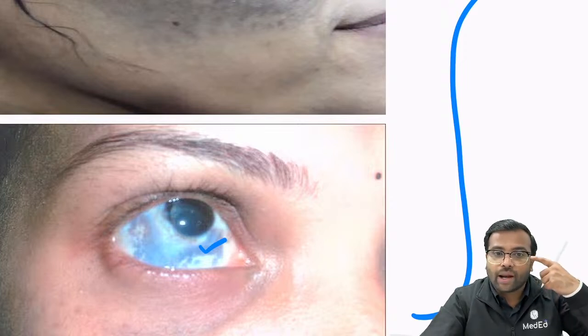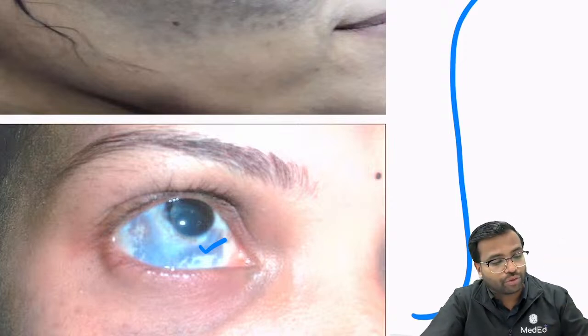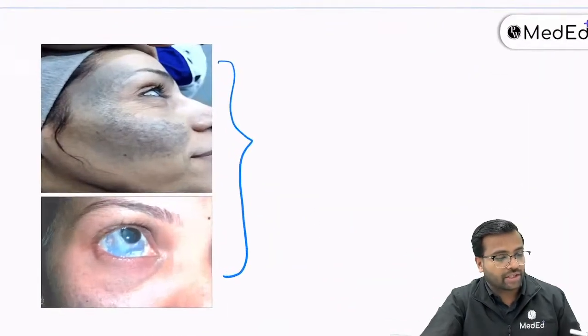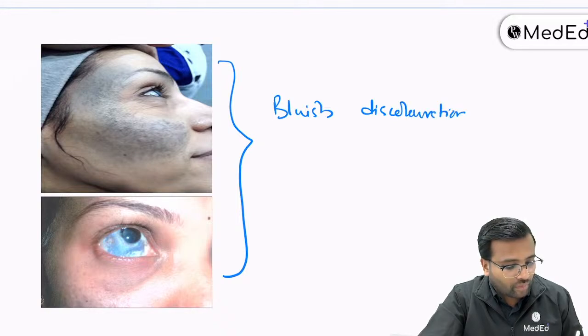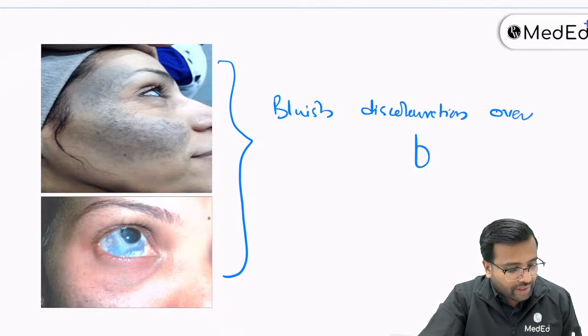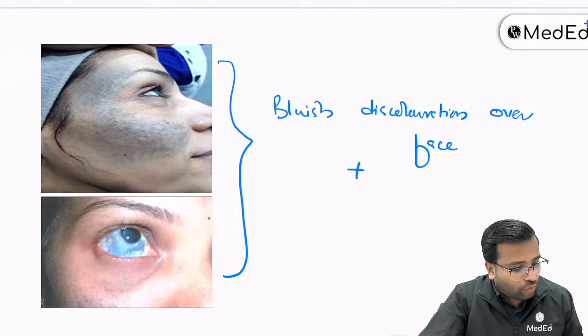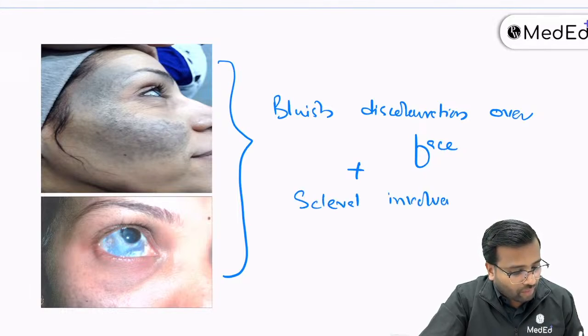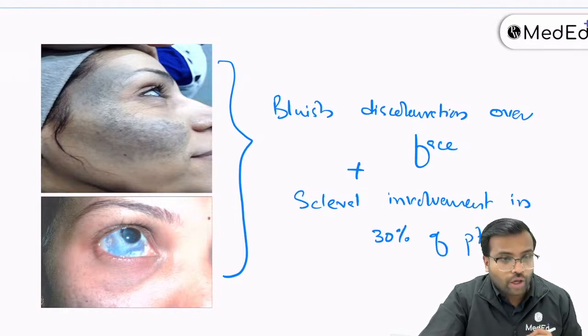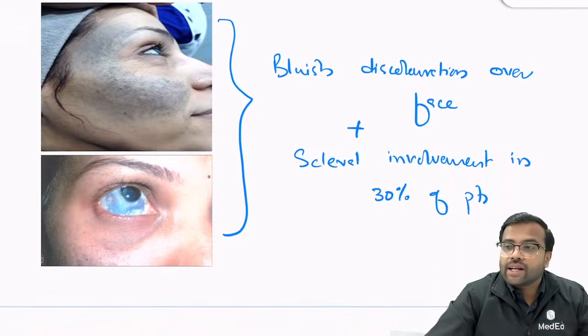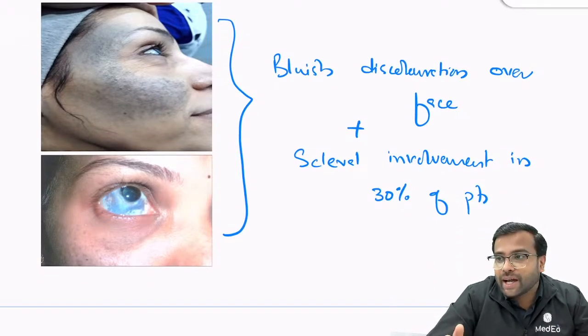So face along with the sclera together, if you find this bluish discoloration, I'll just write down: bluish discoloration over the face along with the scleral involvement in, let us say, 30% of the patients.